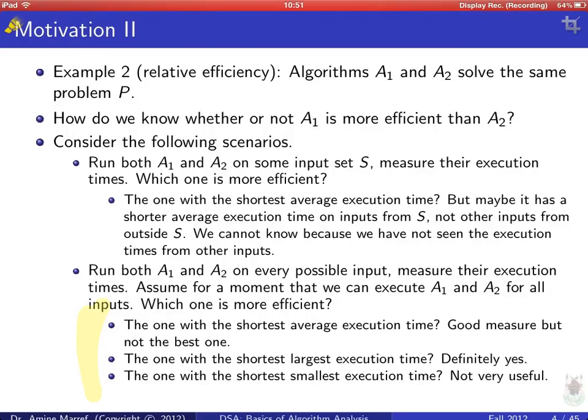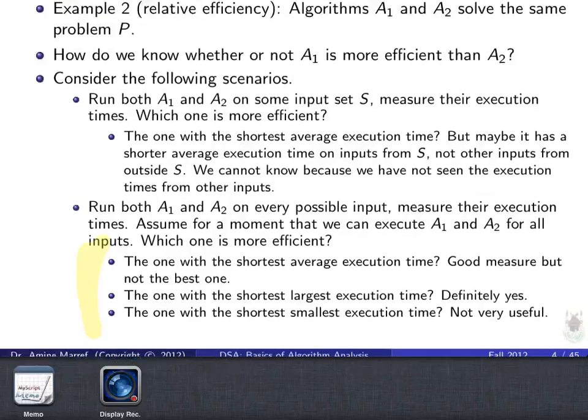The loop iteration here is not constant; it depends on the variable n, in this case, and also in this case. So the loop iteration depends on n. This is why a larger n is going to cause more time, and also it depends on the value of x, because depending on this value, we either execute a loop or not.